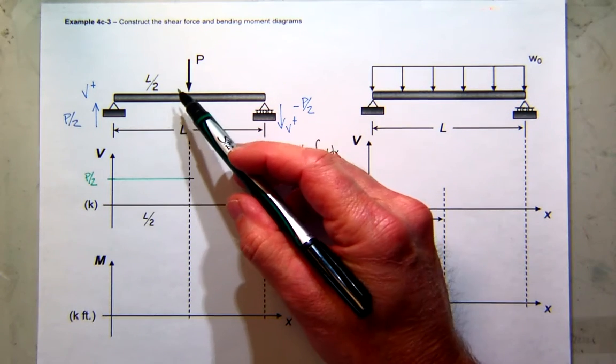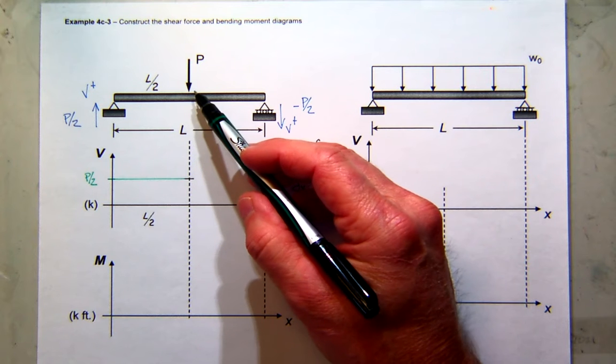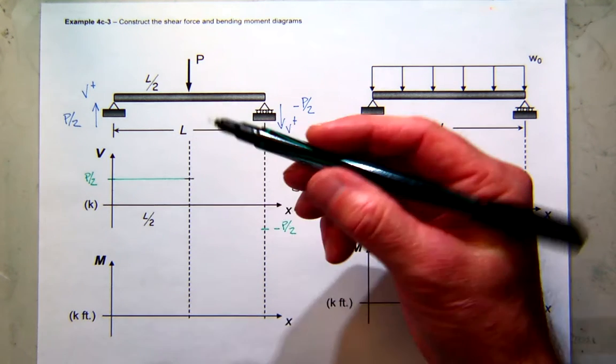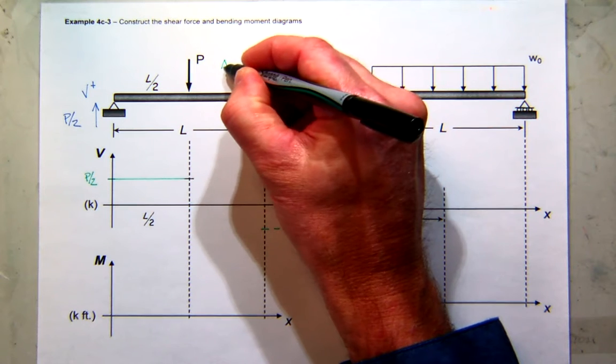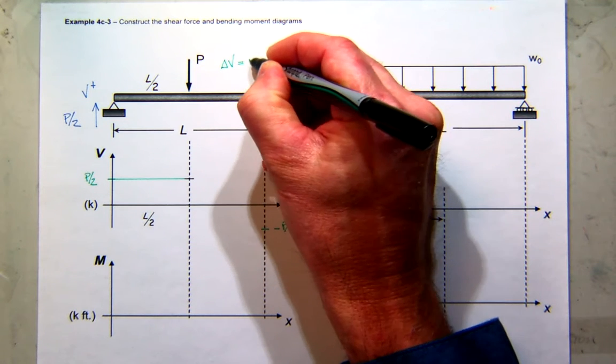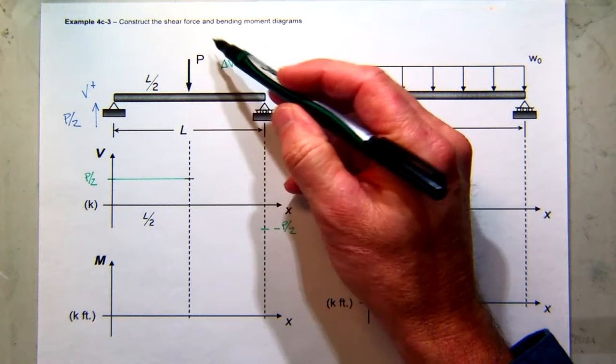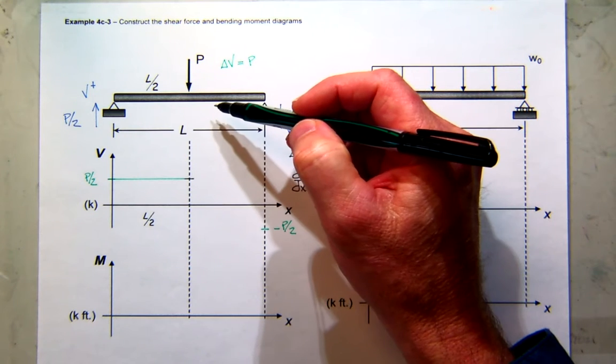Now, as I go from the left side to the right side of this, what do we know about our shear? You might remember that we derived that the change in shear was equal to the value of a point load, right? And what kind of load is this? Positive or negative? Negative.